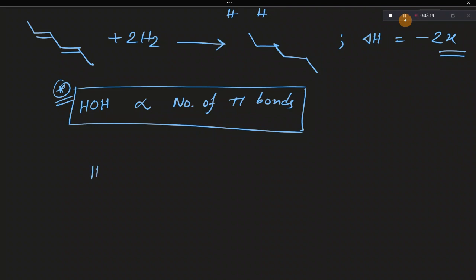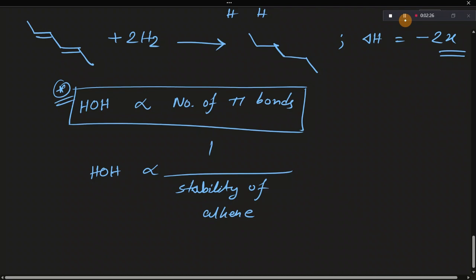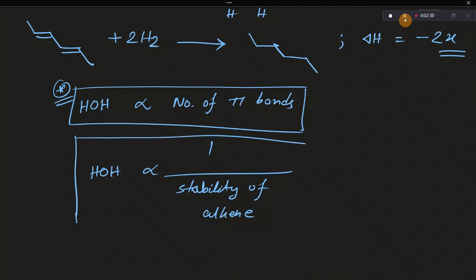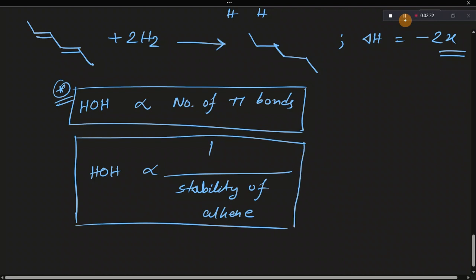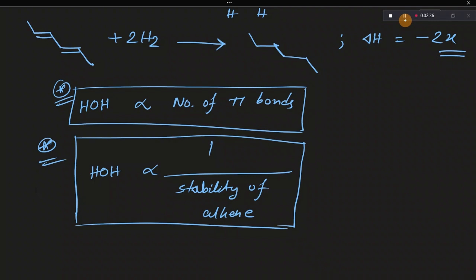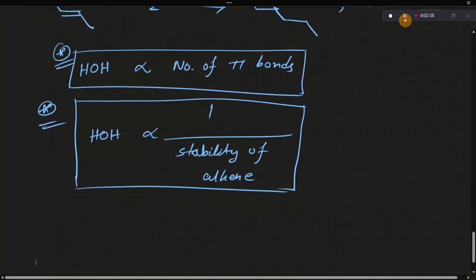This heat of hydrogenation is also related to the stability of alkene. Heat of hydrogenation is inversely proportional to the stability of alkene. More stable alkene releases lower heat during hydrogenation.